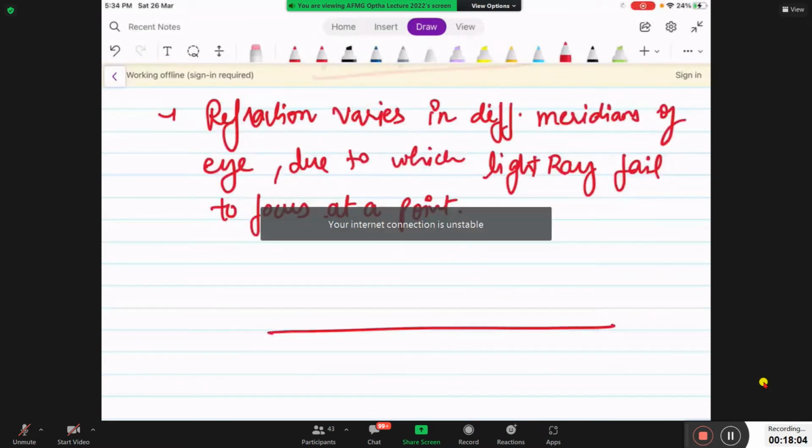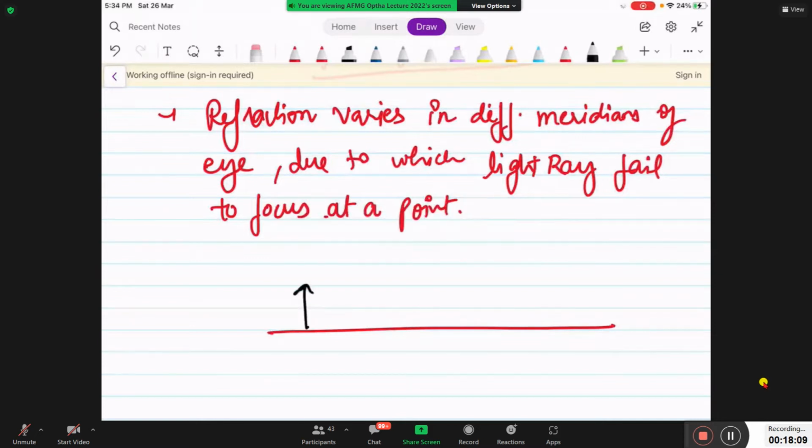Suppose this is your principal axis, your object. This is your lens.